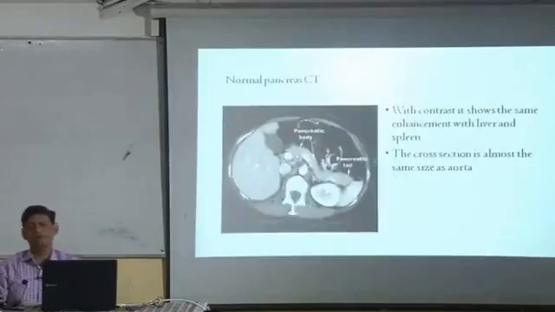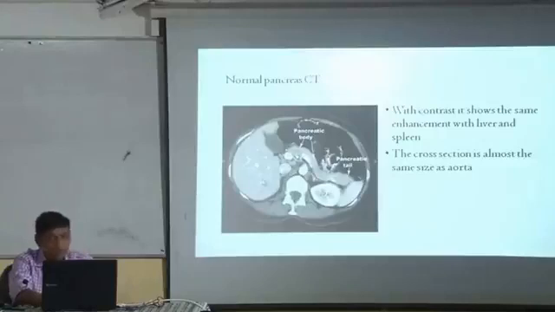This is the normal CT. Can you see the normal enhancement? This is the liver. This is the pancreatic body and ultimately the pancreatic tail, which is going back down to the spleen. And mind you, here what you need to see is technically the diameter of the aorta is almost equal to the diameter of the cross section of the pancreas.